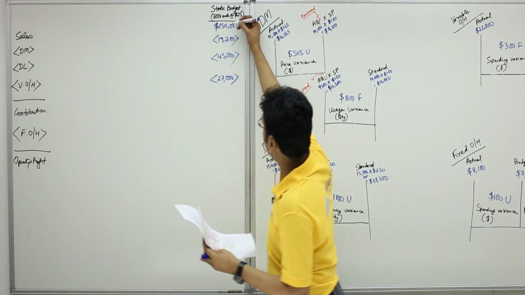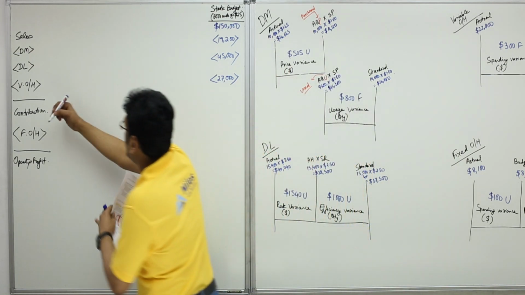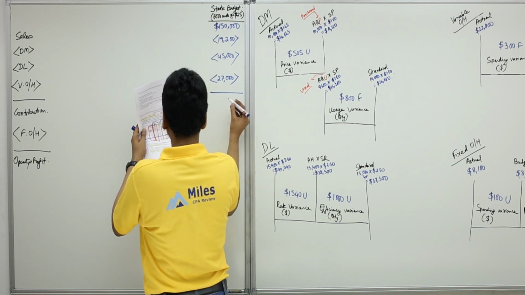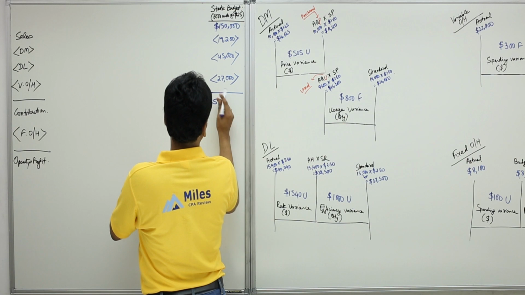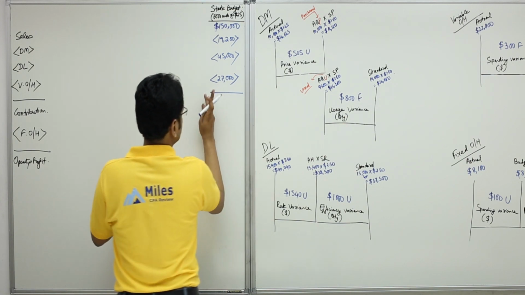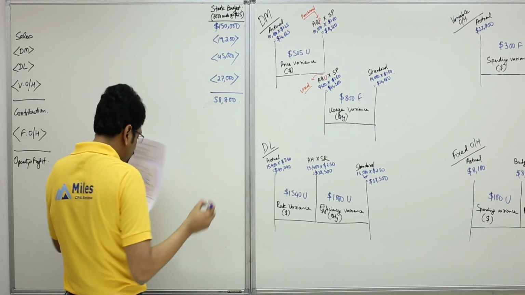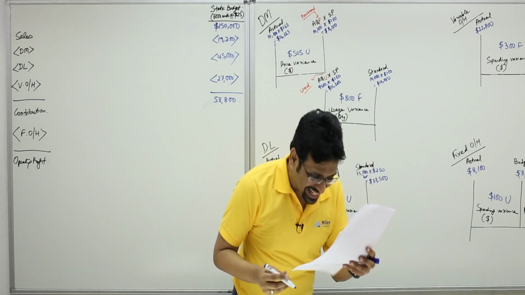So we've got the sales number less all the variable costs. That gives us contribution. So the budgeted contribution is $58,800. Fixed cost. So the budgeted fixed cost that they had was $8,000.